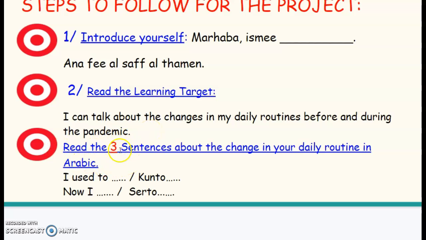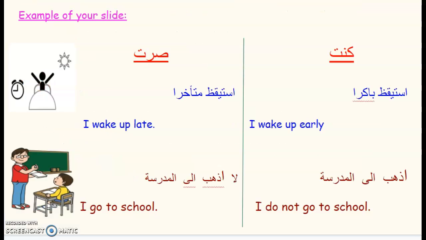Then you're going to read your 3 sentences about the change in your daily routine in Arabic. All right? Here's an example. For example, here it says, I used to, كنت أستيقظ باكرا. I used to wake up early. صرت أستيقظ متأخرا.